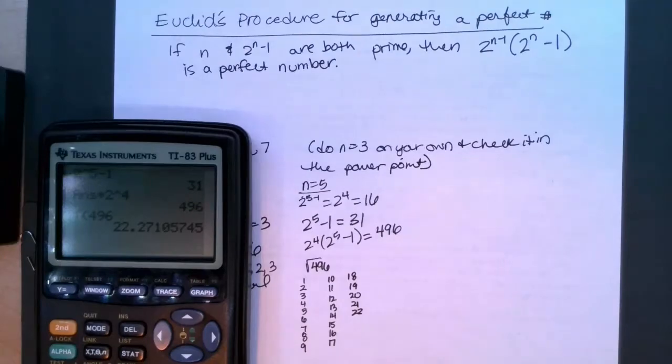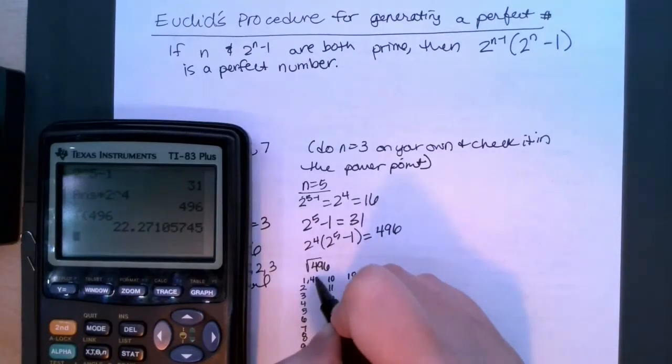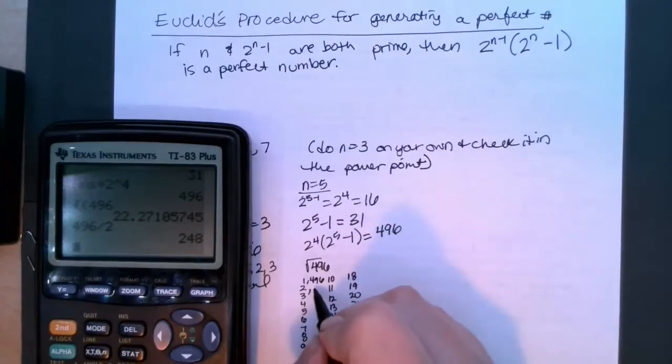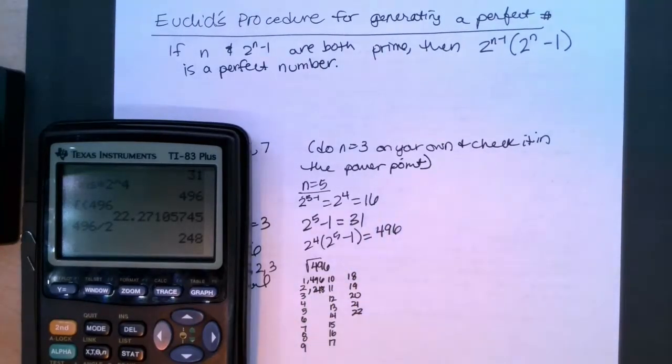We're just going to run through them all. So we have 1 and 496, 2 and 248.